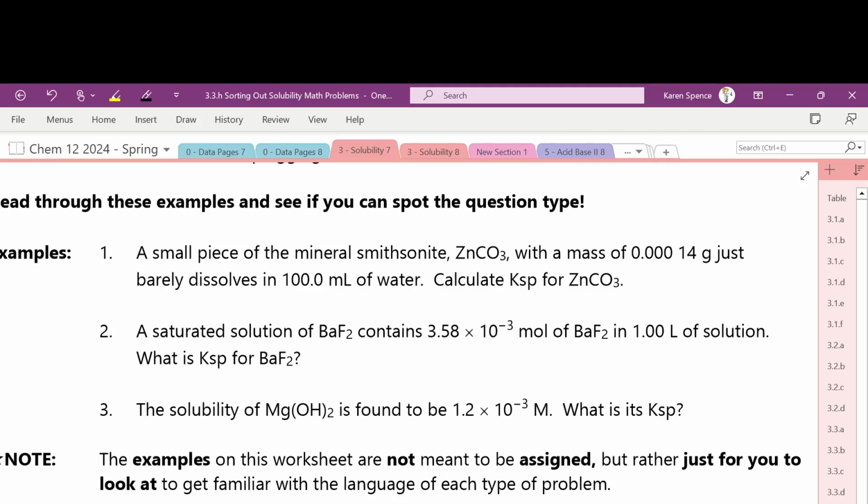And once you think you've got it, tell your partner how you can tell that this is given solubility, find KSP.